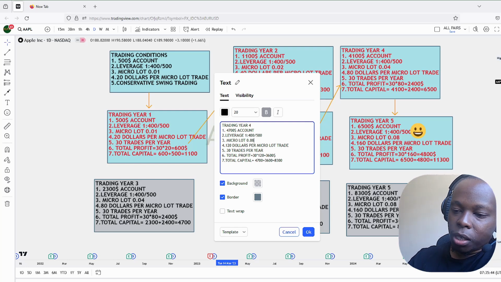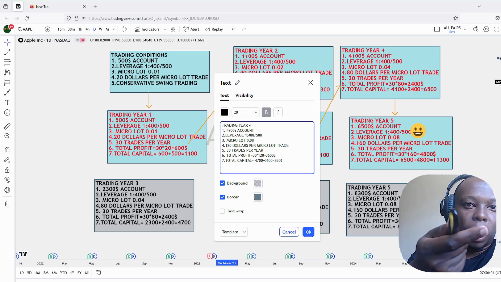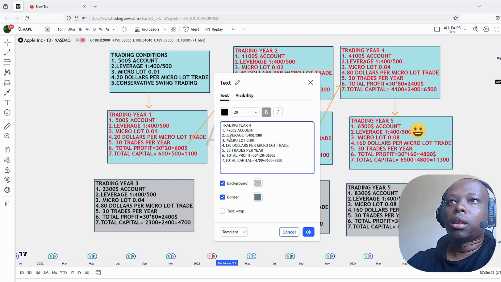If my mathematics teacher taught me right, 4,700 times 0.01 divided by 500, I can do 0.09. So 0.08 is okay. So 0.08 is $160. So 30 by 160 is 4,800. So this is the extreme case.